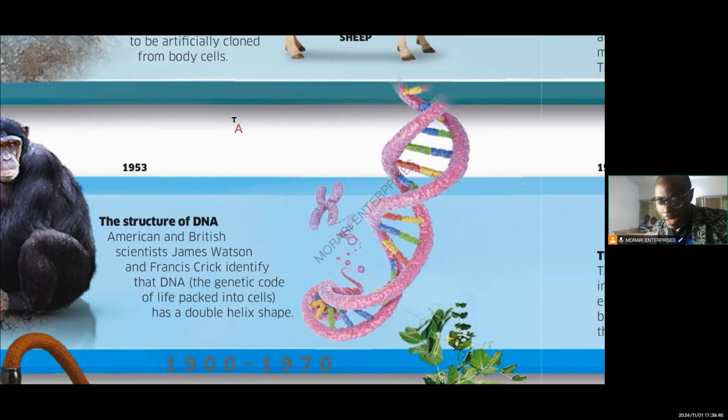Number one, adenine. Everybody say adenine. The second one we call thymine. Adenine, thymine. Then we have cytosine.